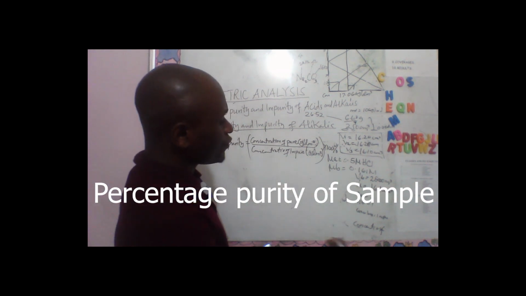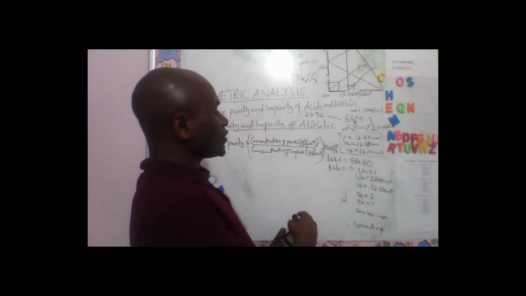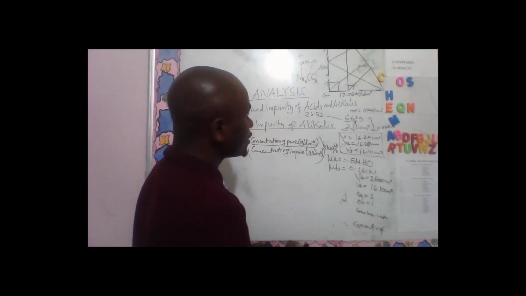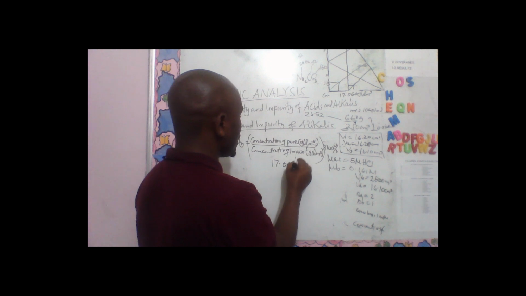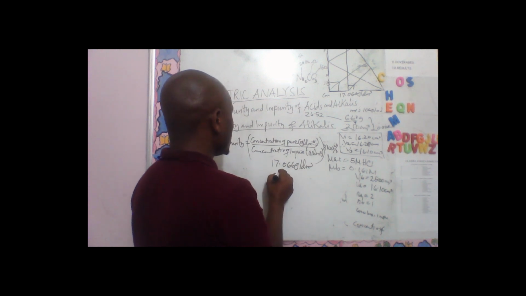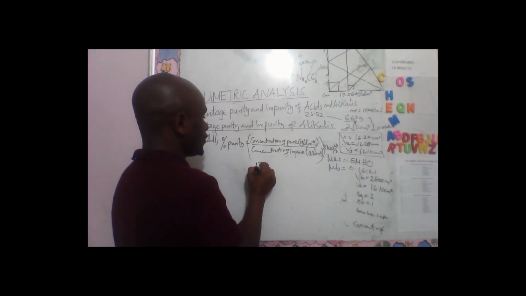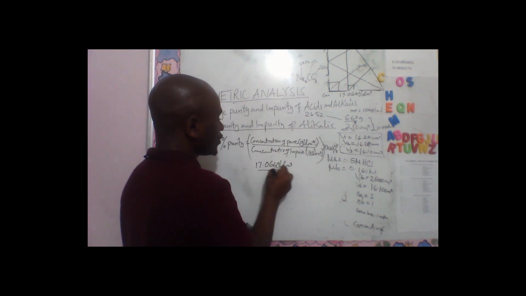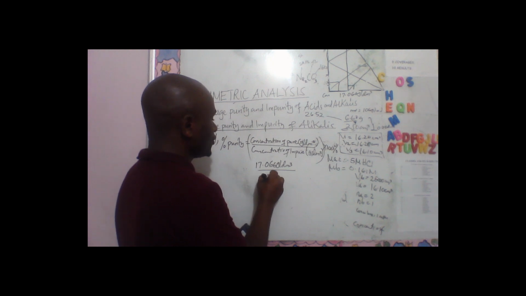The concentration of pure sample is 17.066 gram per decimeter cube, over the concentration of impure, which is 26.52 gram per decimeter cube.